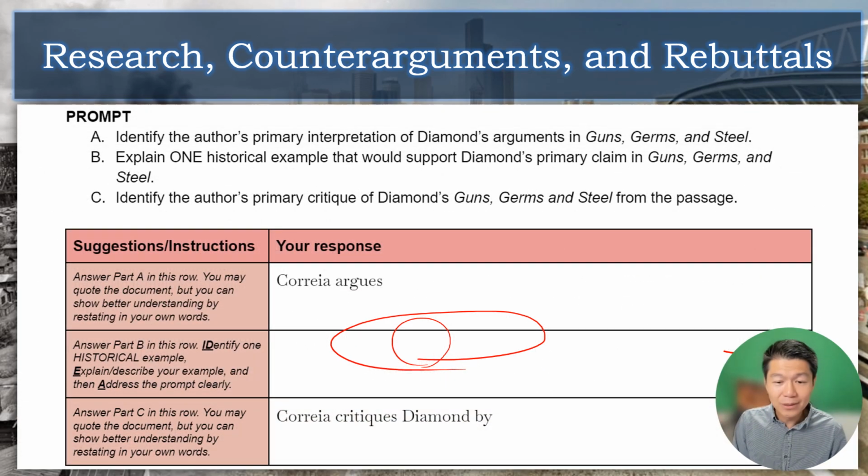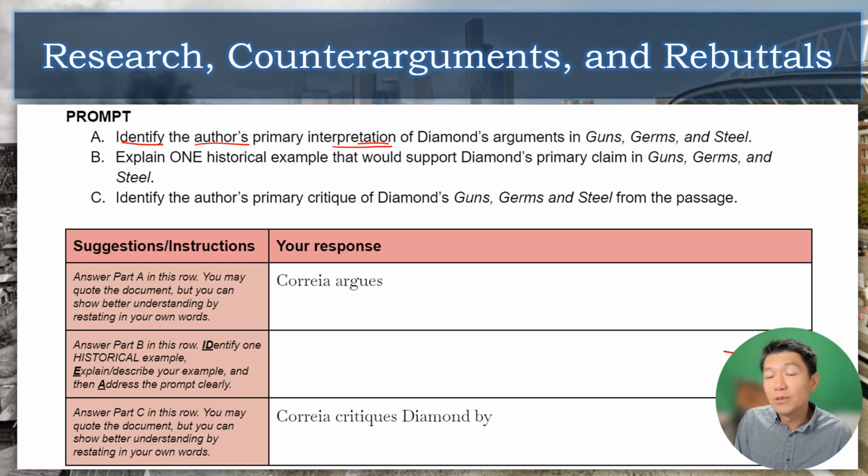And what you're going to do is you're going to answer this short answer question set. And in this short answer question set, you are going to identify the author's primary interpretation. Now, for identifying primary interpretation, you can quote the document if you would like, but I would prefer that you use your own words to be able to identify what his interpretation of Jared Diamond's arguments is.